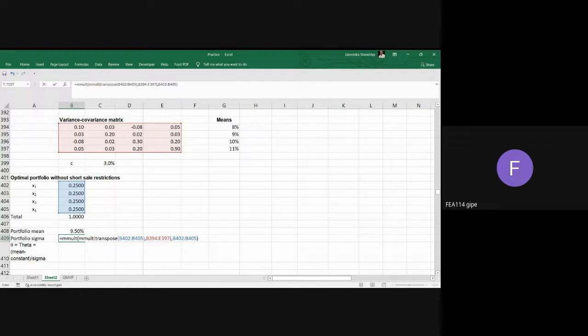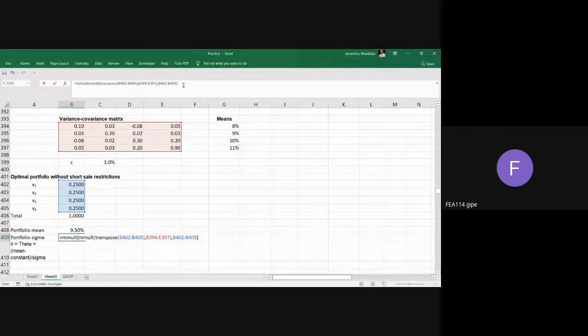Let me check. Transpose of this will give me a row matrix, and then the variance covariance is as this. So 1 into 4 and 4 into 4 is 1 into 4, and 4 into 1 will be 1 into 1. So I'm fine with this. So this will give me variance.